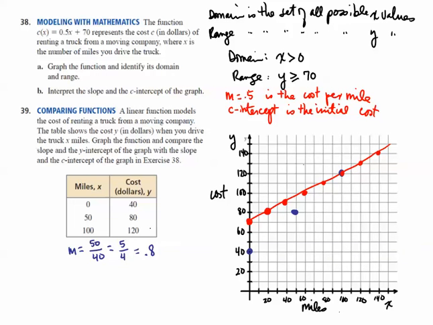And so that means this particular function charges 80 cents per mile. And its y-intercept, or c-intercept, is the initial cost of $40.